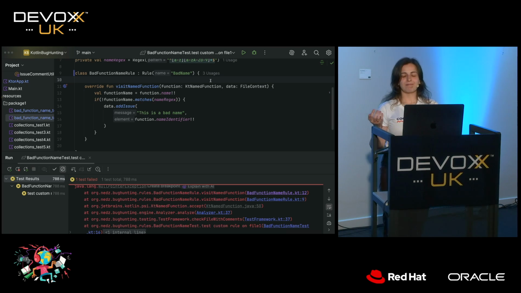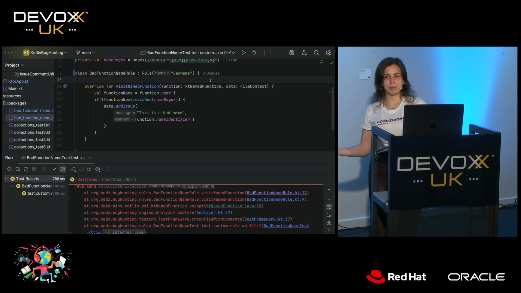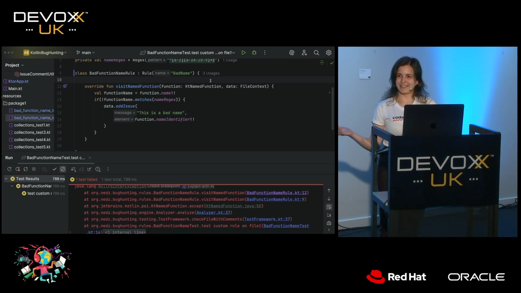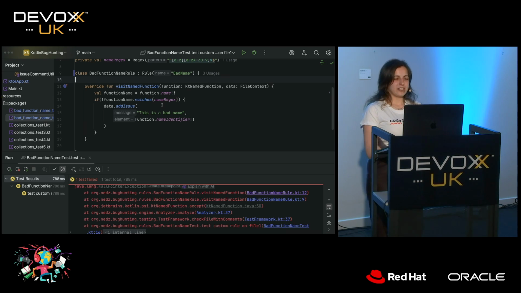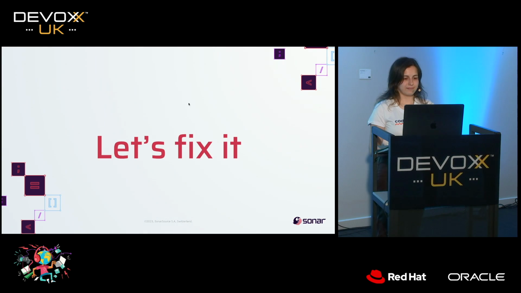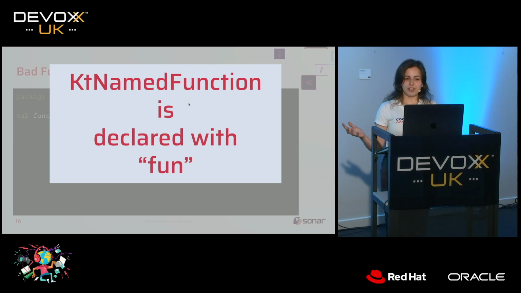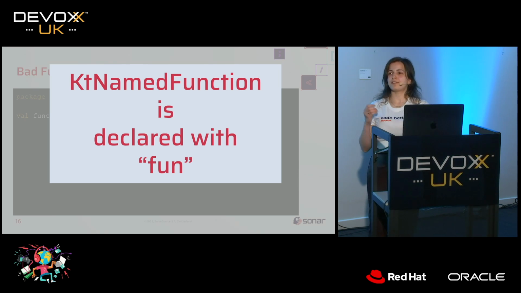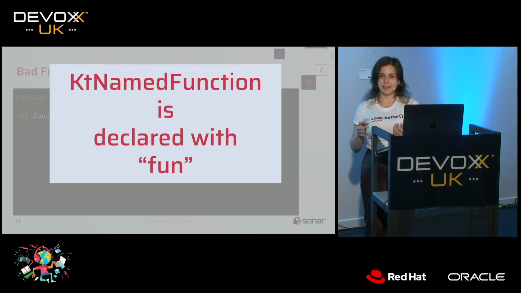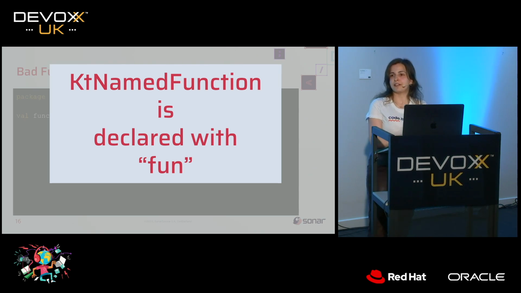Then, after talking to JetBrains people, they were like, what? Why? And here is the fun fact: KtNamedFunction is a function that is declared with the keyword fun. It doesn't have to have a name. So anonymous functions are also KtNamedFunction.